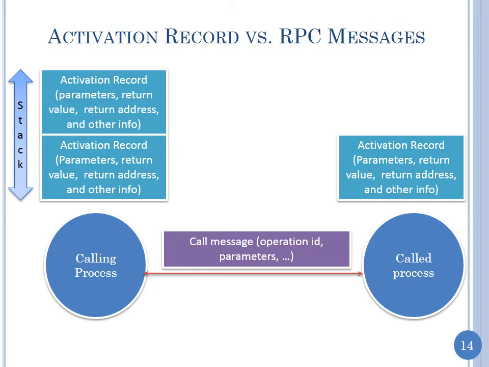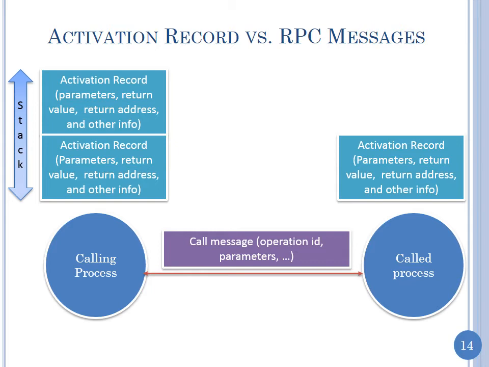It's not quite a copy because the return addresses are different. The addresses to which you jump and the addresses to which you return are different, but at least the parameters are copied. The address from the left activation record is converted into a method ID, which is then converted into another address at the remote end.